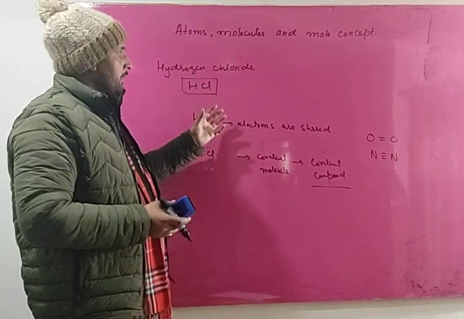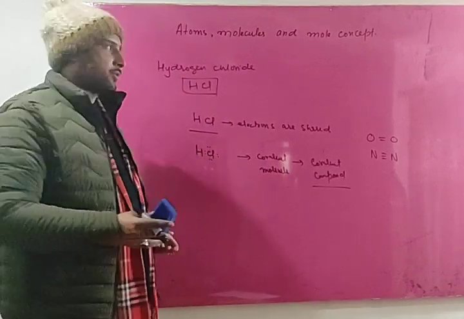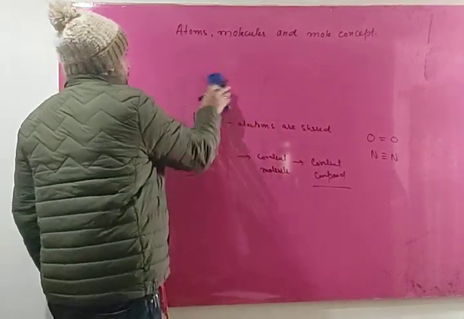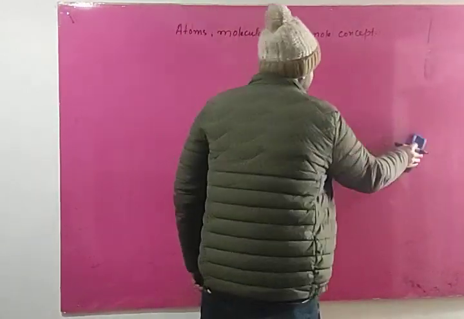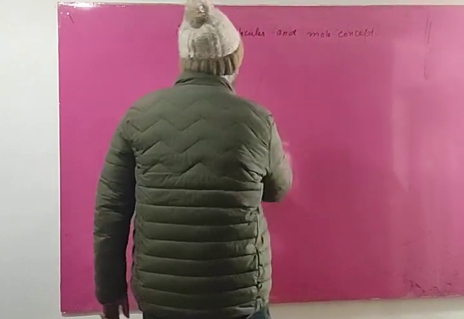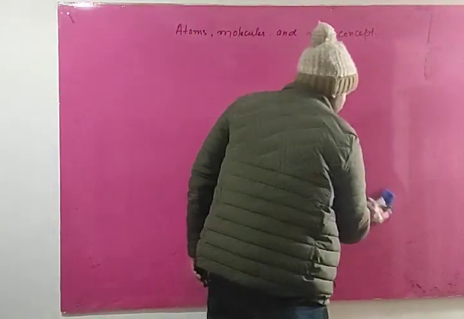How many types of constituent particles we have in case of different substances. I will just put it in a sentence. So what are the constituent particles that we will be dealing with here in the mole concept?